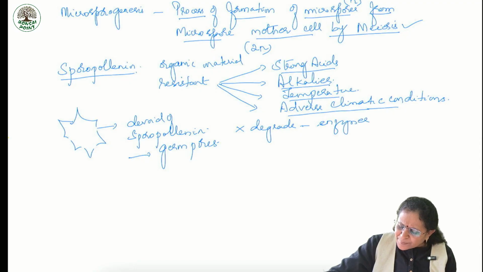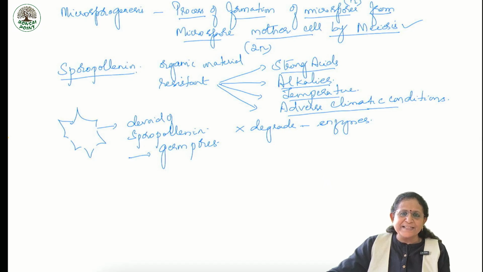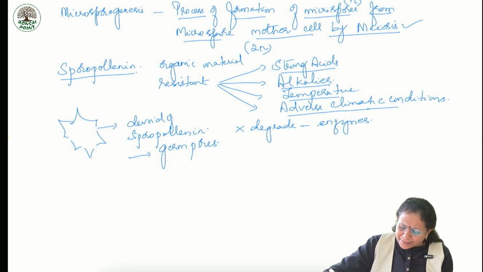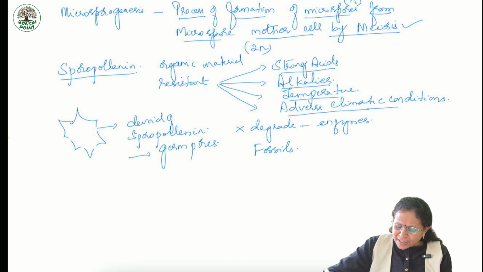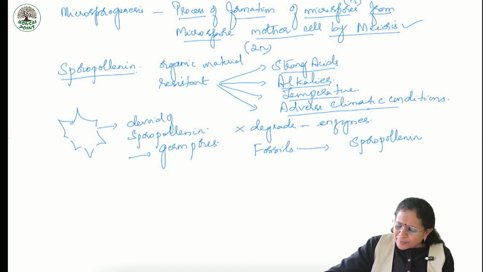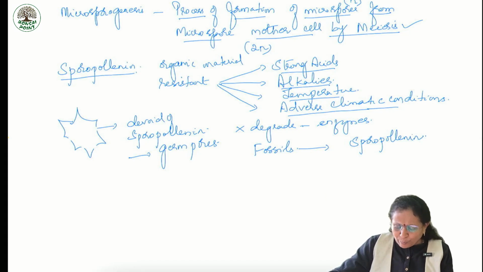None of the enzymes can also degrade it. Okay. Hence, pollen grains can be stored for many years in the form of fossils. They will ask you the reason. How is that pollen grains can be stored in the form of fossils for years together? That is because of the presence of what? Sporopollenin. It's a common 2 marks question. What's the function or significance of sporopollenin?